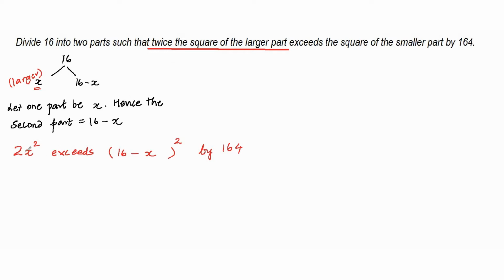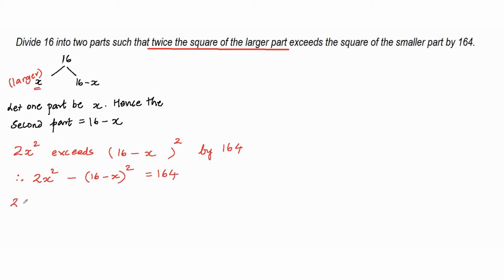And twice the square of the larger part, that is 2 times x square, exceeds, that is, it is greater than the square of the smaller part. The square of the smaller part is 16 minus x the whole square, and the amount by which it is greater is 164. And therefore this becomes 2x square minus 16 minus x the whole square is equal to 164.